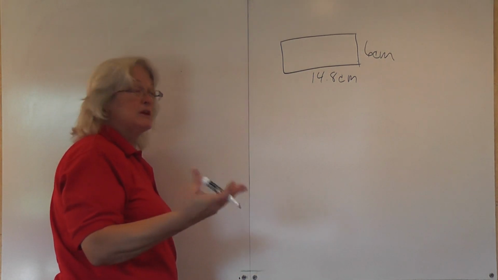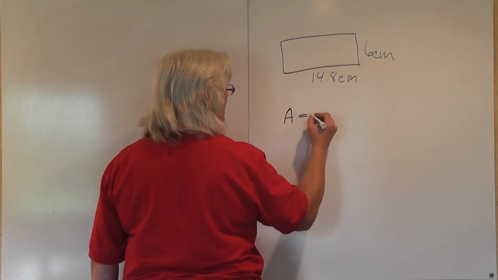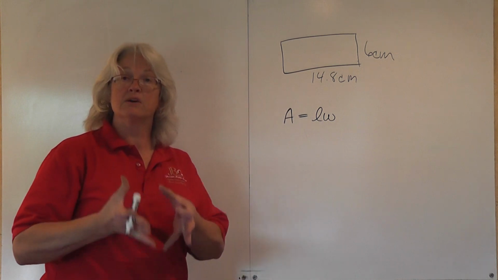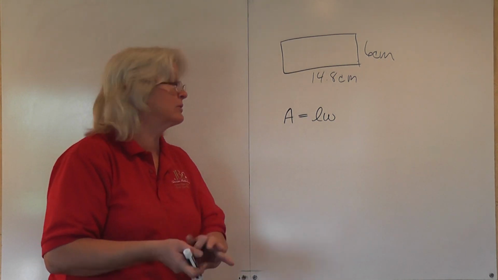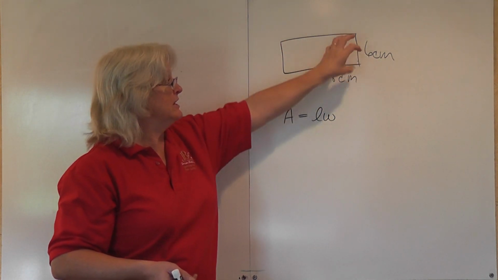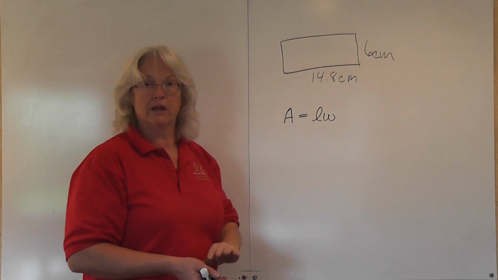What did they ask you to do? They say find the area. The very first thing that you do is write the formula to find the area of a rectangle. And you must memorize this. There are different formulas, different patterns that help us calculate how many square tiles it is for each object. So this is for the area of a rectangle. Area is equal to length times width.